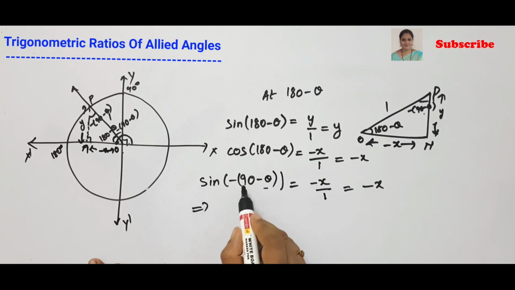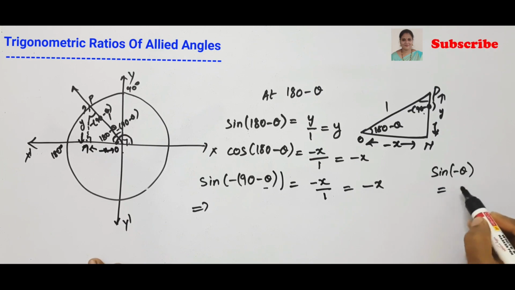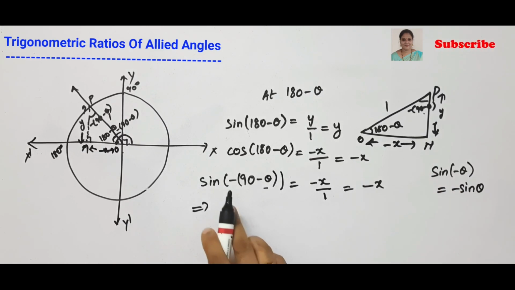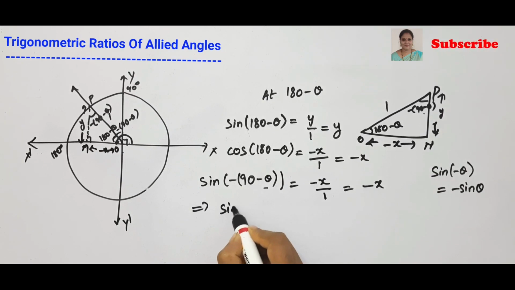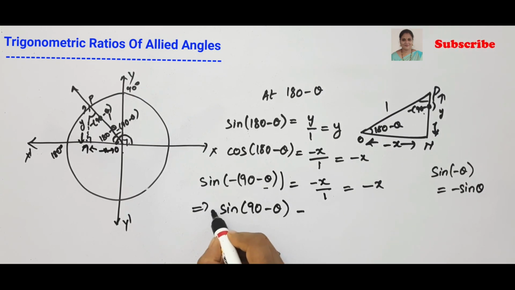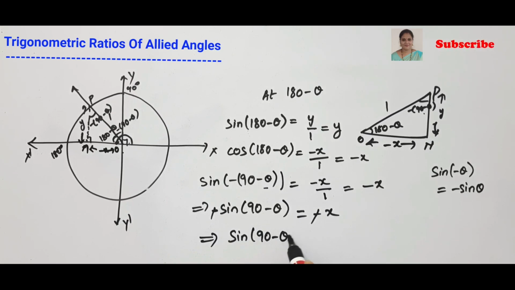Just now we have done that sine of minus theta is minus sine theta. So using this, it becomes minus sine of 90 minus theta equal to minus x. Minus minus cancels. So sine of 90 minus theta is equal to x.